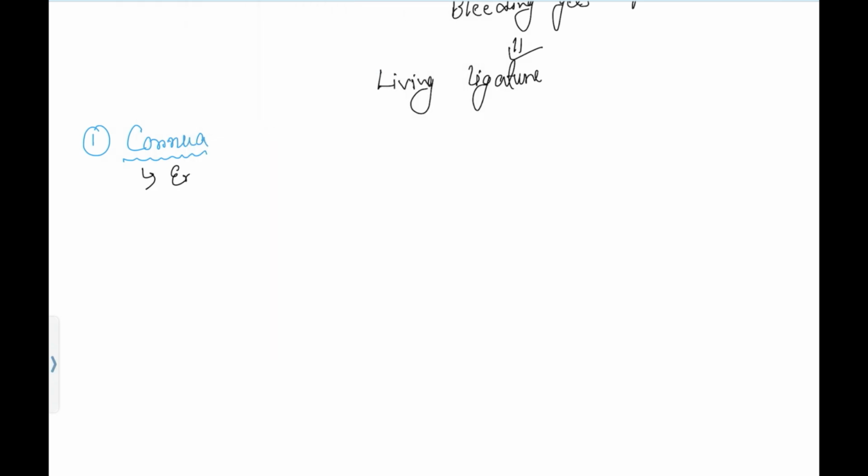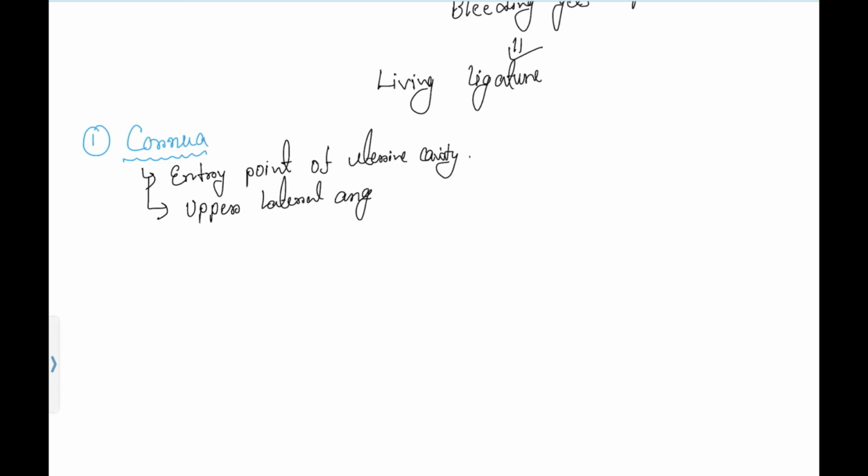This is the entry point of the uterine cavity, and it is situated at the upper lateral angles of the uterus, called the cornua.